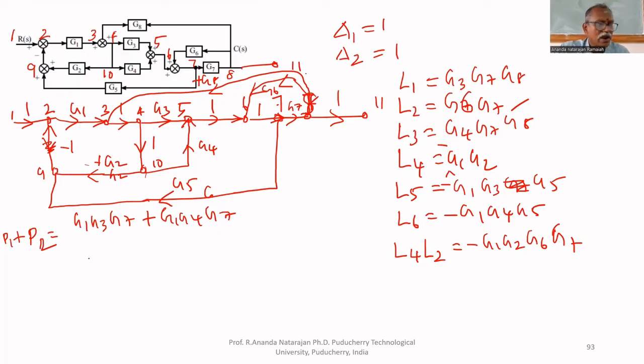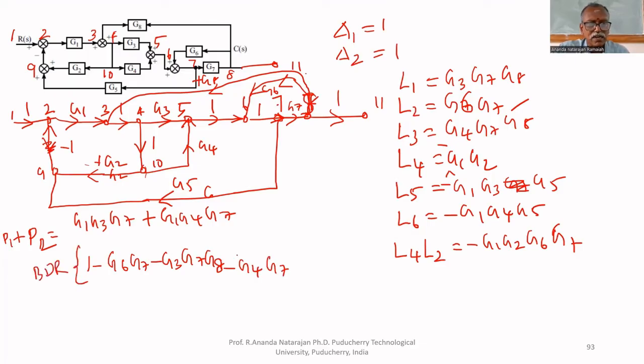The denominator I will write here: 1 minus G6, G7 minus G3, G7, G8 minus G4, G7. This is block diagram reduction.